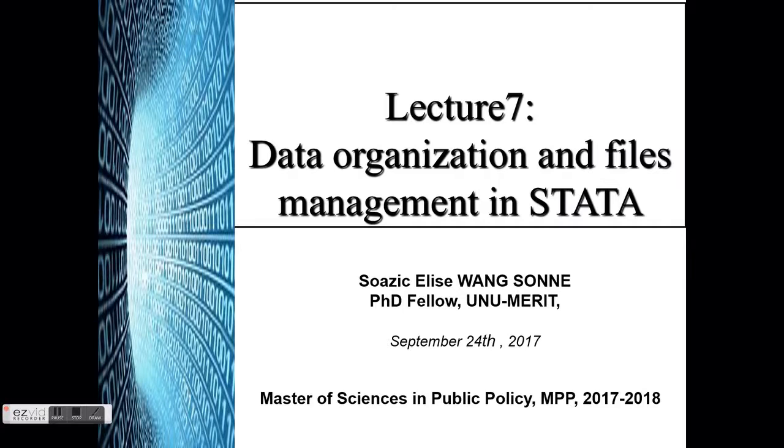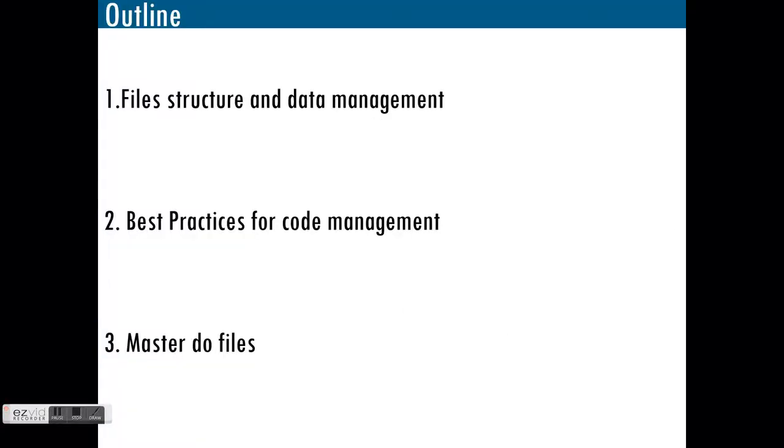So the outline of this lecture: first of all, I will talk about file structure and data management, taking stock of the TIER protocol, which stands for Teaching Integrity in Empirical Research, from Haverford College in the US. And secondly, we're going to talk about best practice for code management, most importantly, how you can make your do file much more readable and ease the process of sharing your code with your instructor.